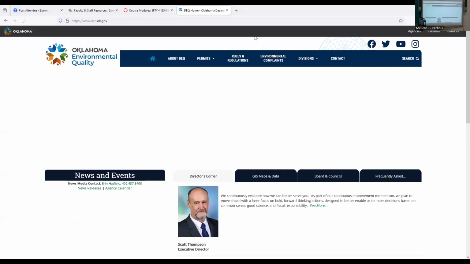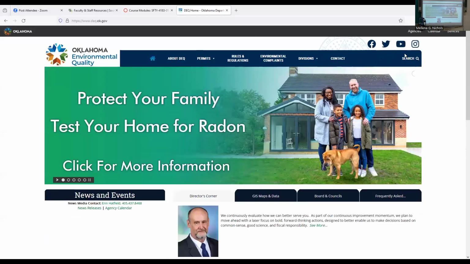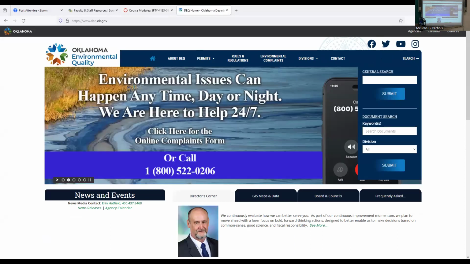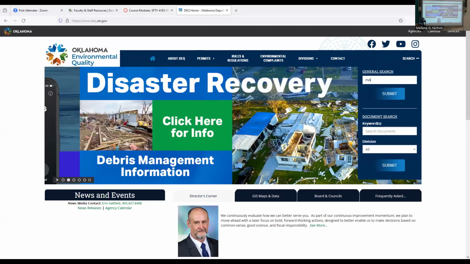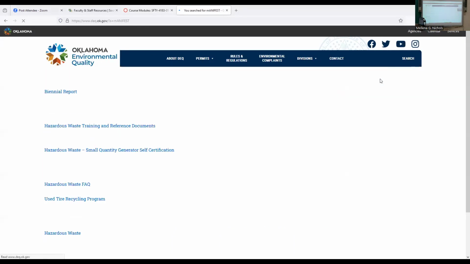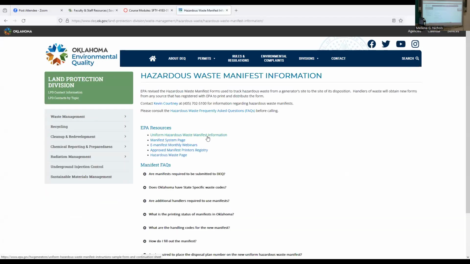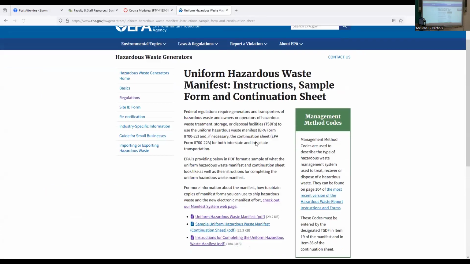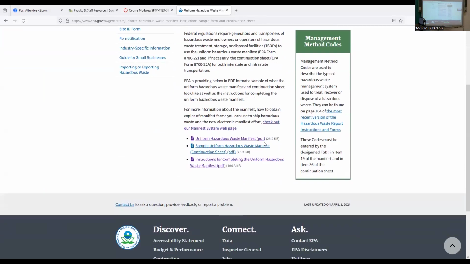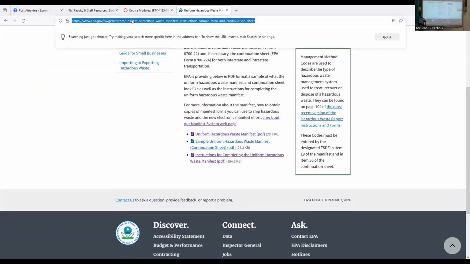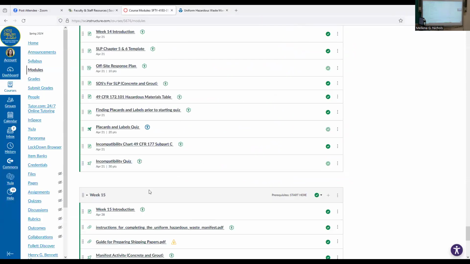Department of Environmental Quality. Manifest information.